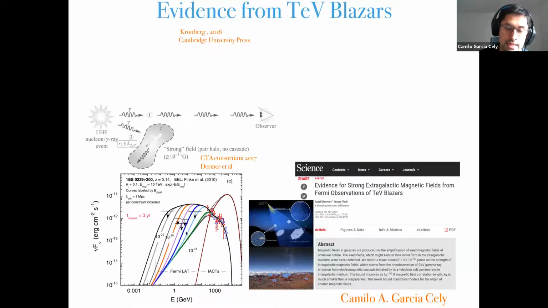The larger the magnetic field, the smaller the secondary spectrum, so the smaller the cascade spectrum. You can see that, for instance, in green, which corresponds to 10 to the minus 18 Gauss, I think. And then you can just decrease the magnetic field, and then you see that you generate the spectrum.